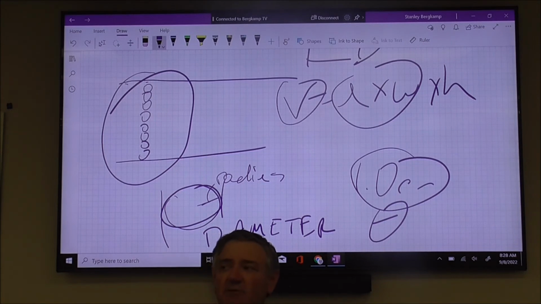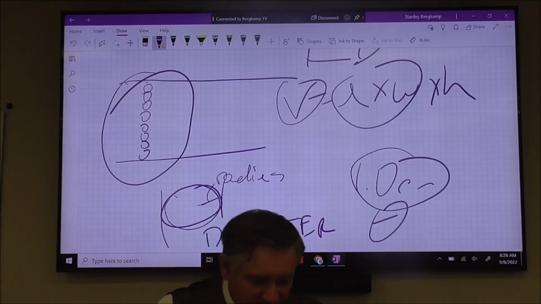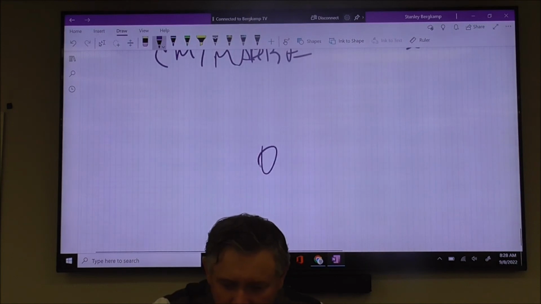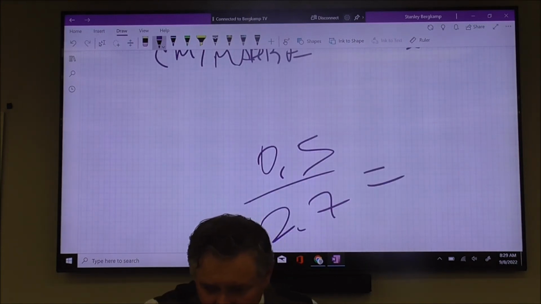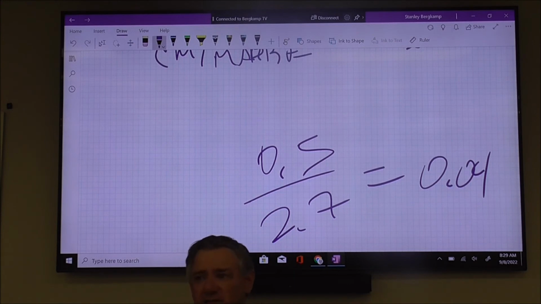I can't tell you how much your grade is going to be based upon how impressed I am, okay? So if I just see, let's say, hypothetically, none of you would do this, but let's just say, I see 0.5 divided by 2.7 equals 0.04. And let's say that's all I see.